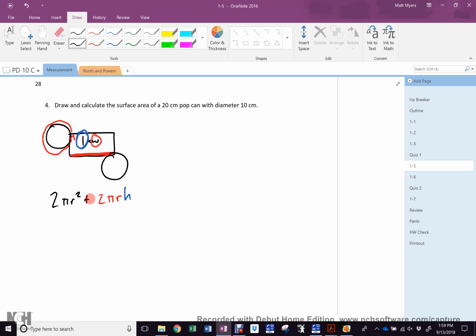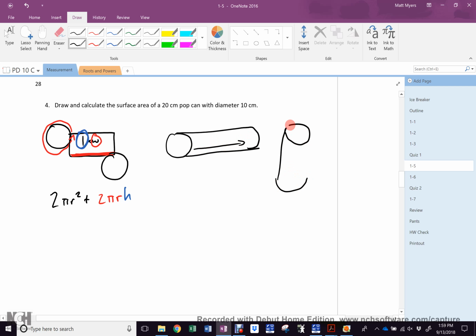Does everybody understand? So if I draw this cylinder this way, can we still do the math? Because where's the height? It's this distance from the base shape. If I draw the cylinder this way, can we still do the math?